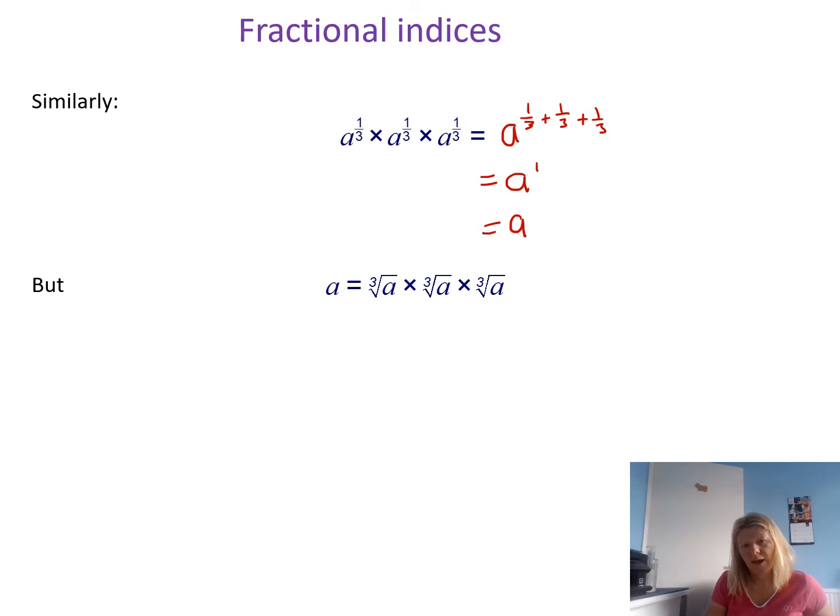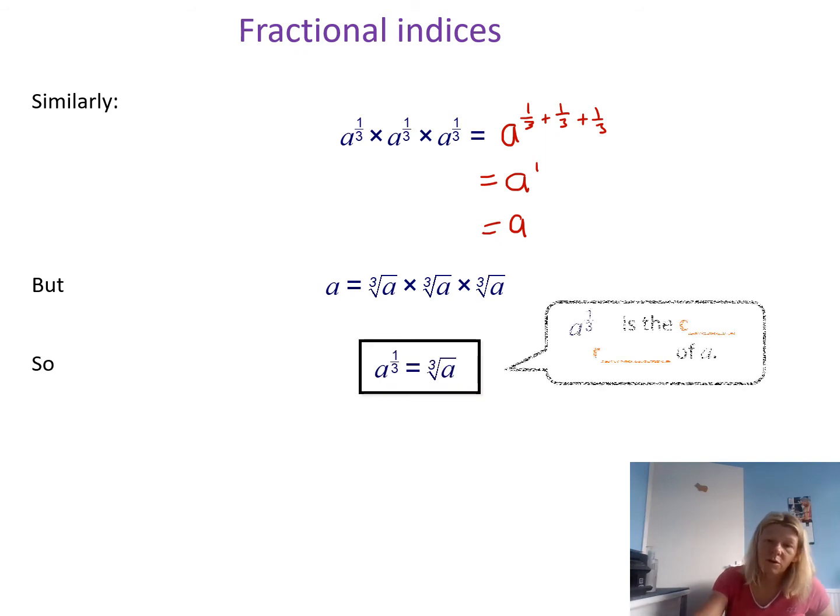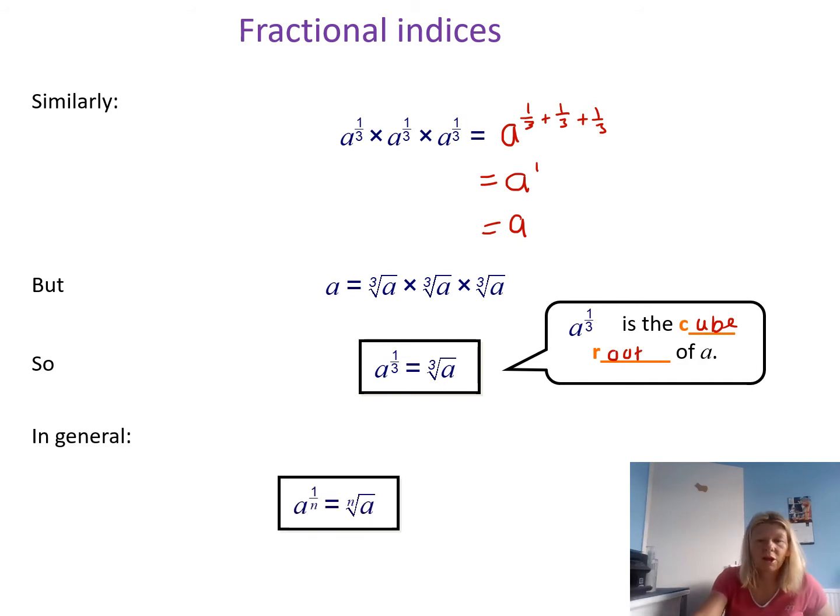And like the cube root of 8 times the cube root of 8 times the cube root of 8 would equal 8. So therefore a to the third is the same as the cube root of a. In general, a to the power 1 over n is in fact the nth root of a.